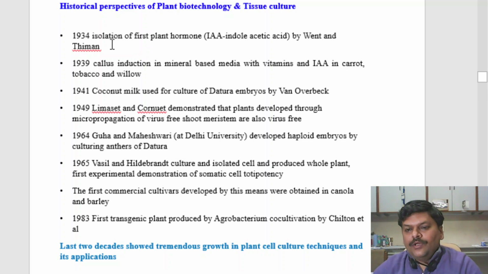It was isolated in 1934 by Wendt and Thiemann, and when it was included in plant tissue cultures by them, with the nutrient solution of those salts and certain vitamins and IAA added, they were able to grow an unorganized mass of cells called callus, which is the result of rapid cell division, using either root tips or shoot tips of carrot, tobacco, and willow.